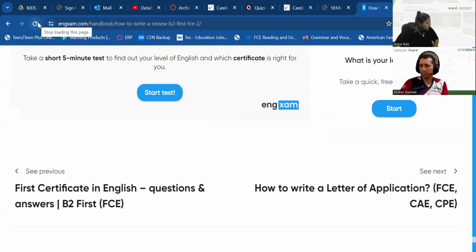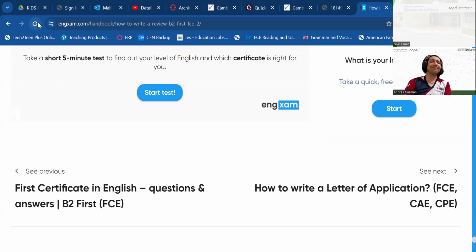Déjame conectar la compu que se me va a morir. Imagínate que no se va a la luz y igual se me apaga la computadora, imagínate. Déjame cogerle el cargador. Dame un segundo. Sweet Lord. Almighty.